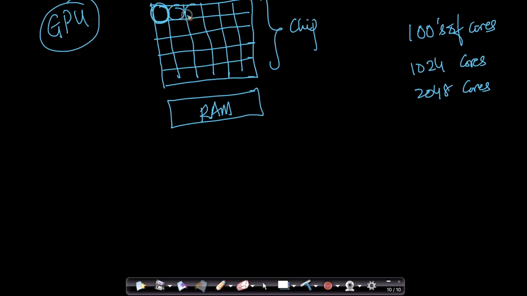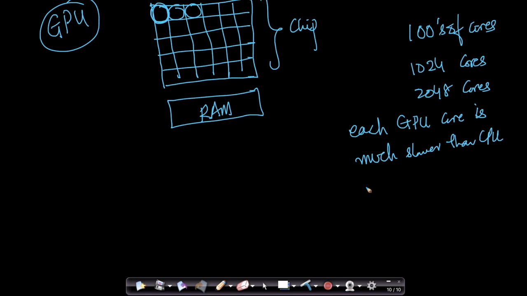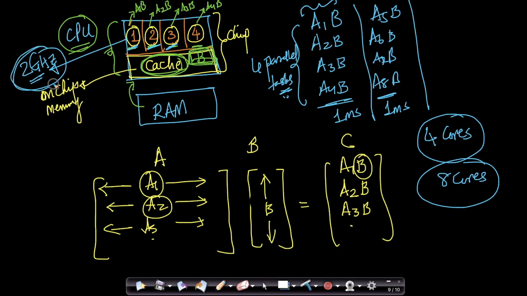So you have lots of small processors, but each GPU core is much slower than a CPU core. Your CPU cores typically operate at a 2 gigahertz frequency, or you can think of this as speed, right?